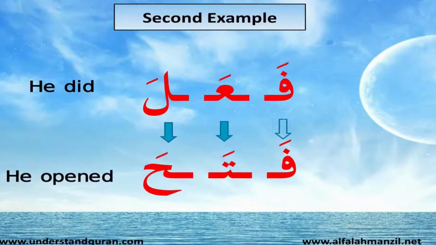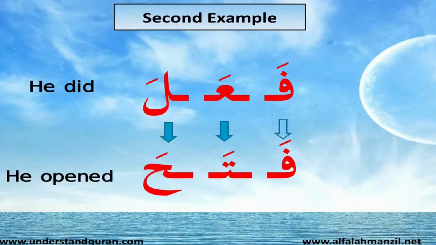Now look at what happened here. Fataha has 3 letters: Fa, ta, and ha. Our job, following the pattern of Fa, Ain, and Lam, is to place the individual letters under their position. Question? Okay. So Fa will go under Fa because that's the first letter. Ain was supposed to be Ta, and Lam is supposed to be Ha. You get that part? Everybody?